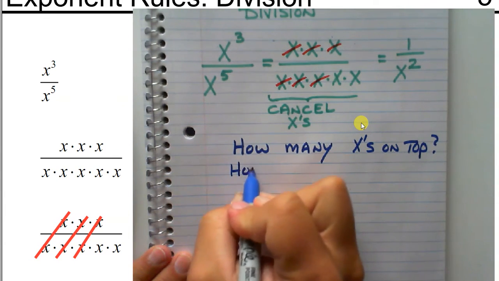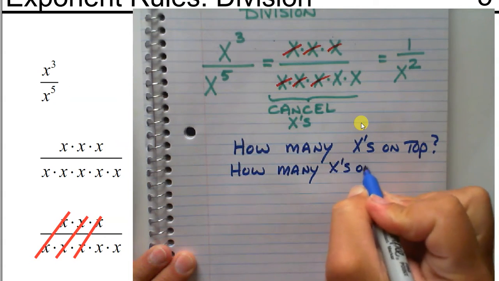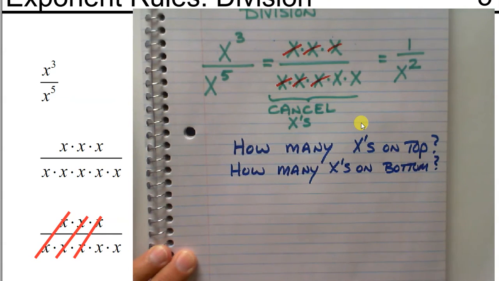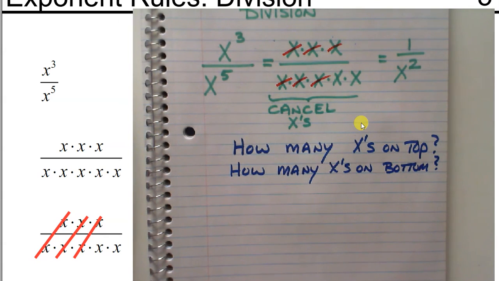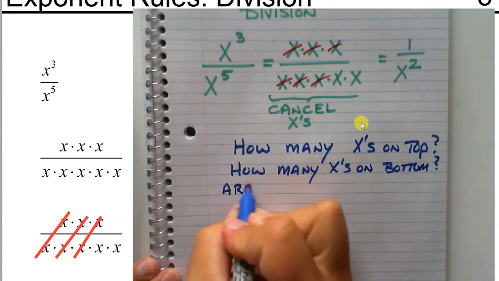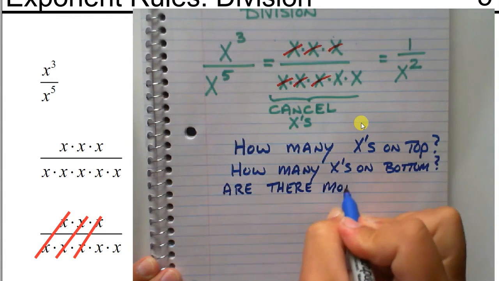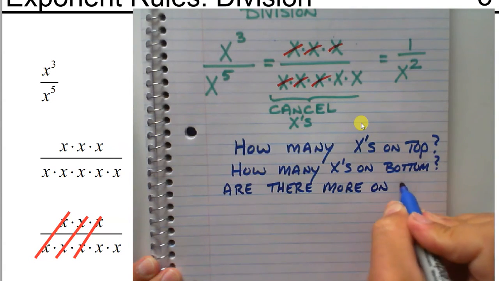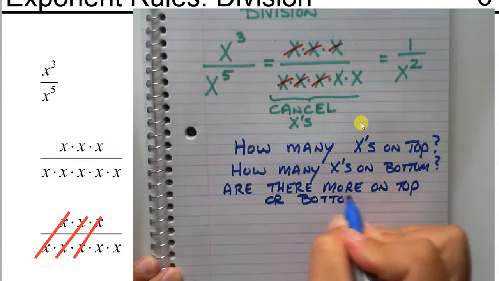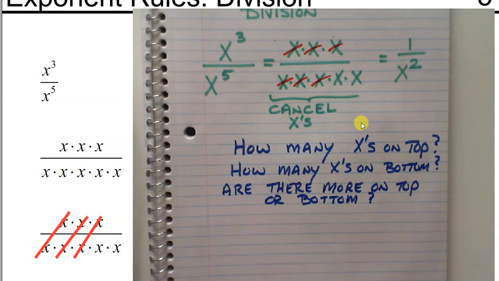How many x's on the bottom? That's my second question. Are there more on the top or the bottom? These are the things I think about.